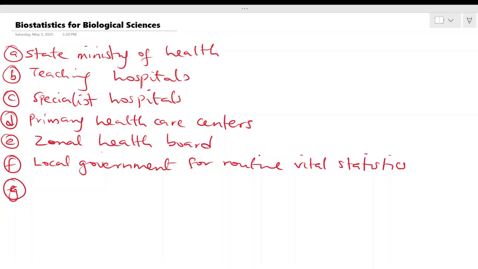Point number 7, we also have this data coming from the National Population Commission, NPC.